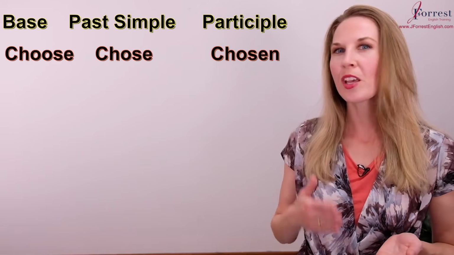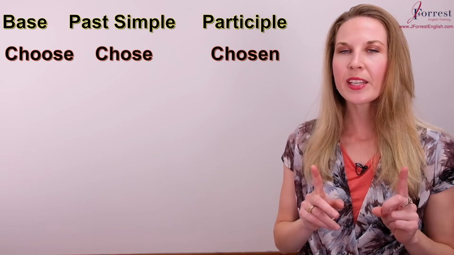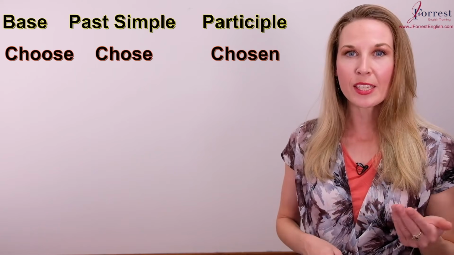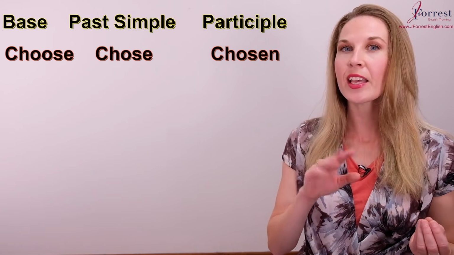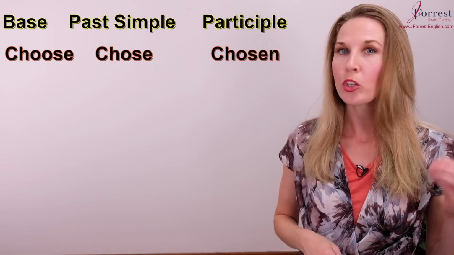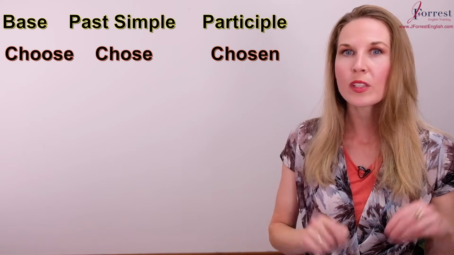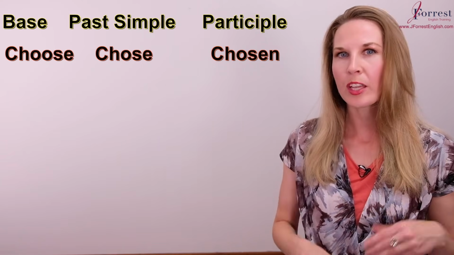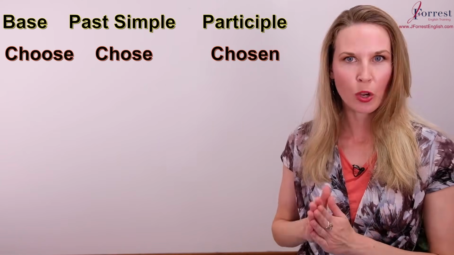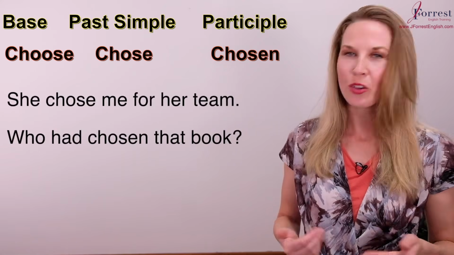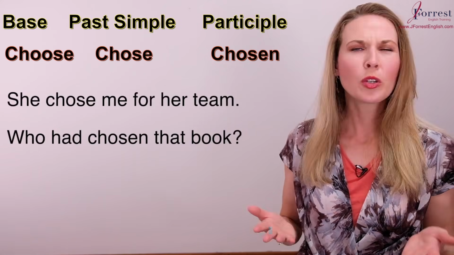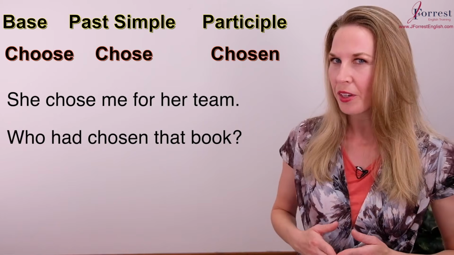Choose, chose, chosen. Notice the pronunciation difference between our base verb, choose, and the past and the participle. Choose, chose. Choose, chose, chosen. She chose me for her team. Who had chosen that book?